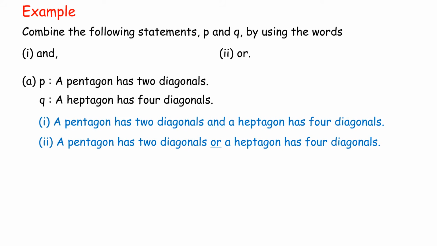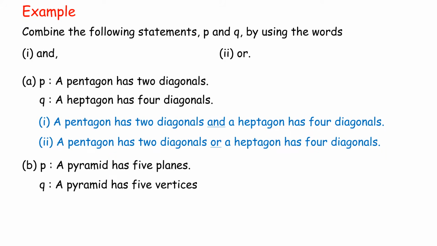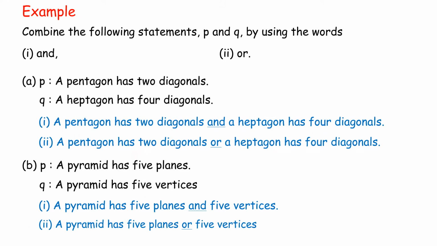A pentagon has 2 diagonals, or a heptagon has 4 diagonals. B. P: A pyramid has 5 planes. Q: A pyramid has 5 vertices. Solution: 1. A pyramid has 5 planes and 5 vertices. 2. A pyramid has 5 planes or 5 vertices.